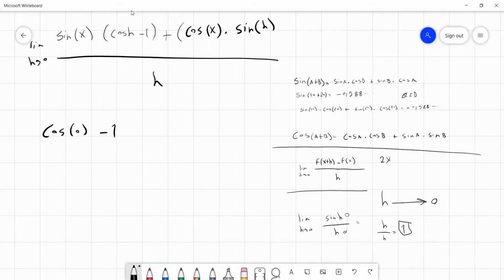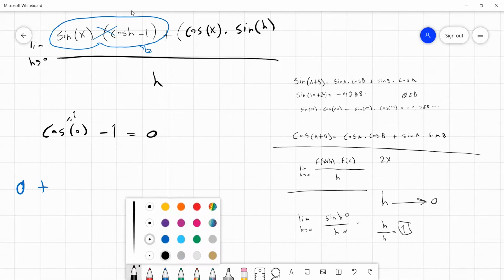And if you plug cosine 0 into your calculator, you would get 1. So cosine 0 equals 1, and 1 minus 1 equals 0. And anything multiplied by 0 will give you a 0. So let me grab another color. This expression, sine x times cosine h minus 1, just equals 0. So we can just ignore it now because it equals 0.